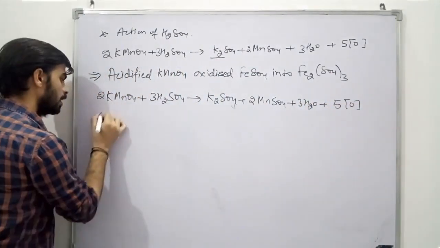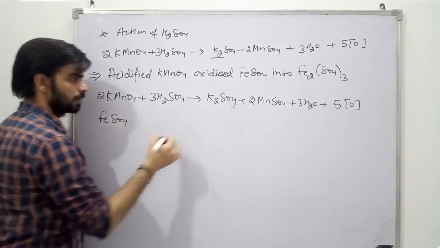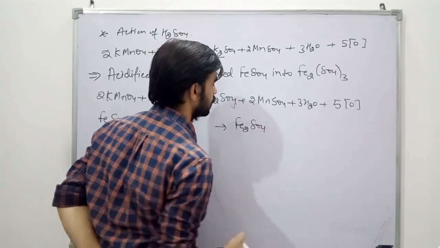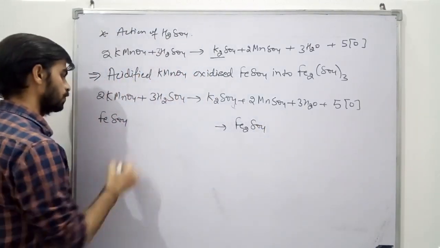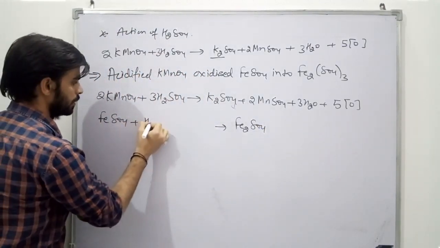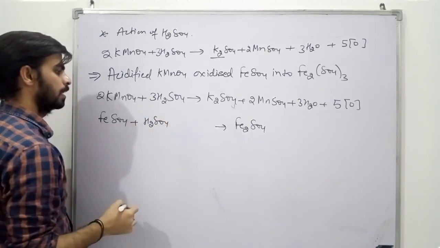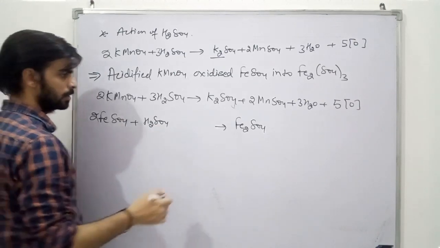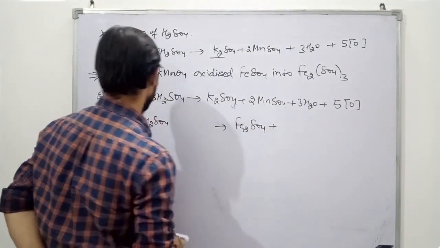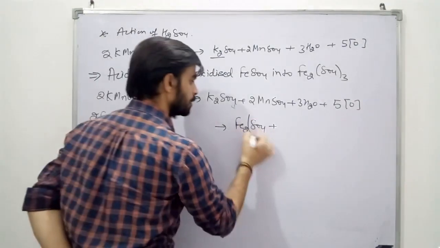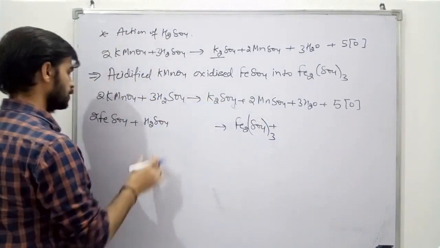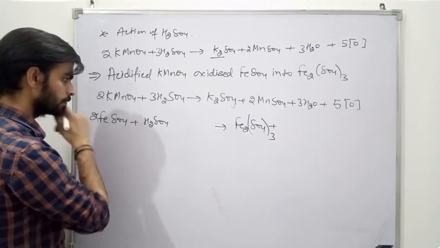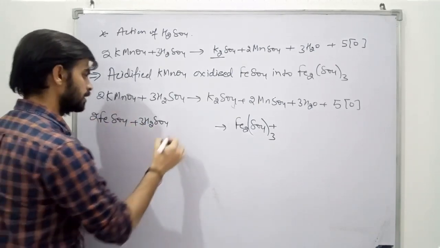Now FeSO4 gives Fe2(SO4)3. Then H2SO4. Again we have 2, 2, 1, 3. Fe2(SO4)3 whole thrice, so 2 plus 1 is 3, and here 3. Now we have to multiply this equation by 3.